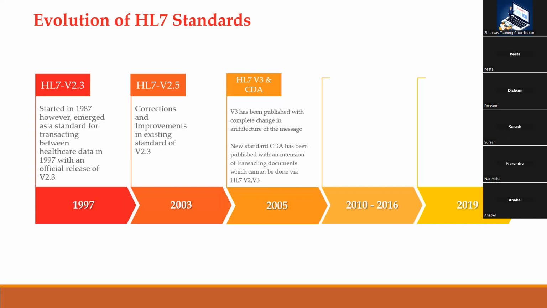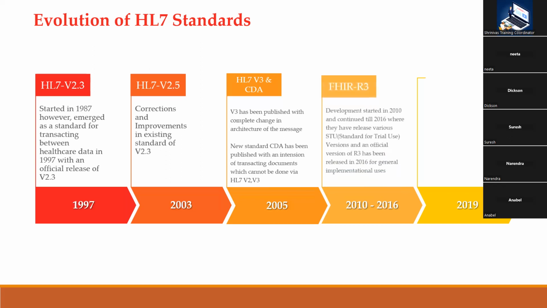But the industry was not very ready to move to V3, because it was not adding very significant value. It's the same thing that it does, whether it is a V2 interface or V3, it's the same thing that you achieve. So when we are already on track with V2, why do we need to go with V3? That is the perspective that people had, right?